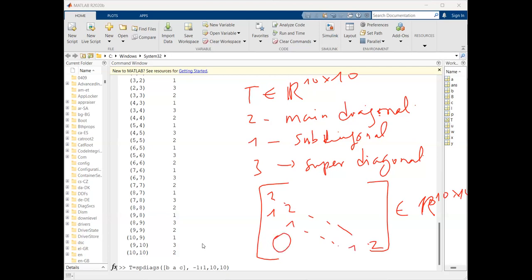Everything here is 0, and then here we have 3, and everything here is 0. So this is the matrix that we have created, and this is how we created it. This is an example of how to create a sparse matrix in MATLAB. And the SP diagonal here just means a sparse diagonal matrix.